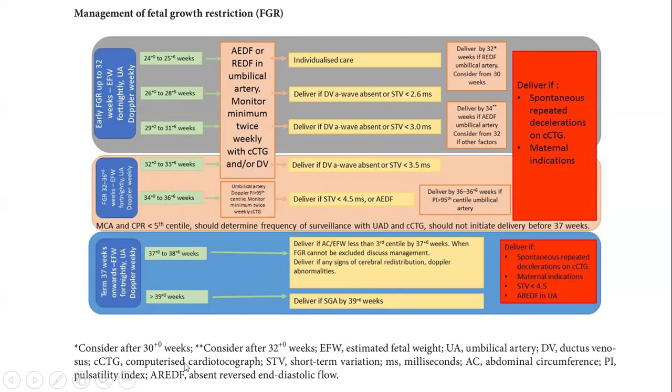Based on the TRUFFLE study, where they used 3 groups, the STV in each of the groups was the fail-safe in determining delivery, along with spontaneous repeated decelerations and A wave. So in FGR babies, for instance, using the STV and the ductus venosus A wave being absent are endpoints for delivery. And so STV is very important.